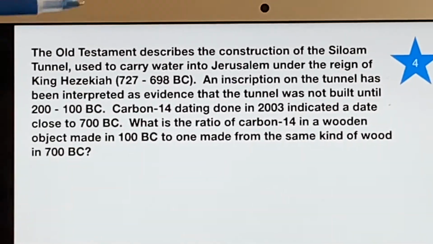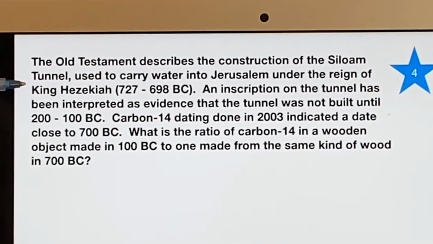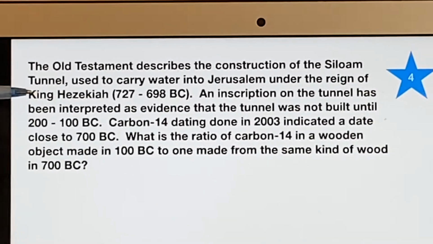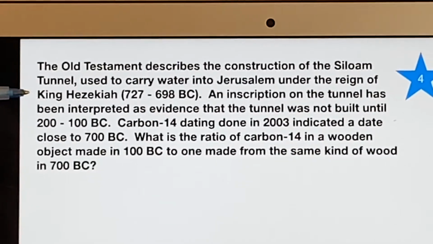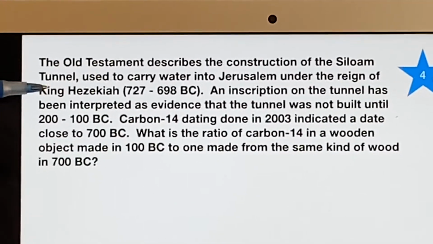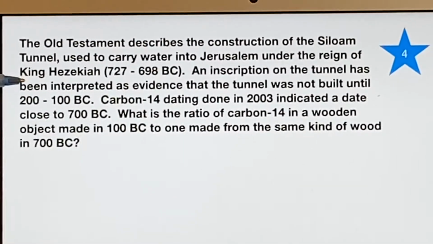In this problem, they're talking about a tunnel that was discovered in Jerusalem, all right? This was said by historical record to be built at a certain time, about 700 BC, okay?